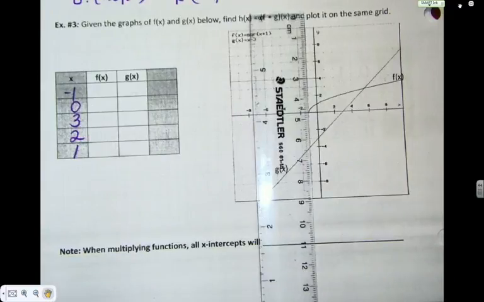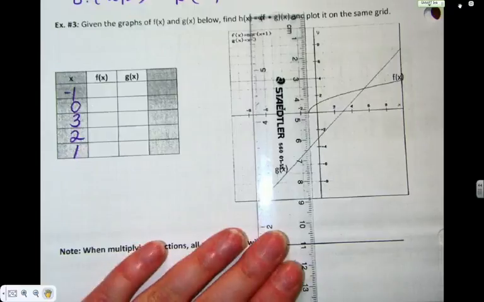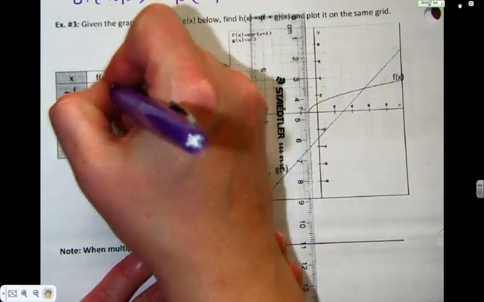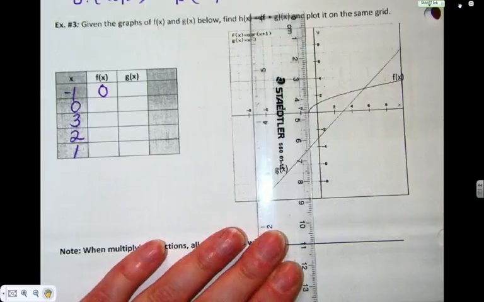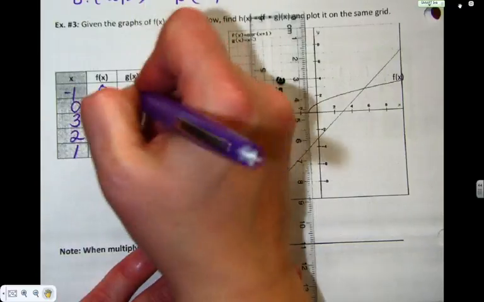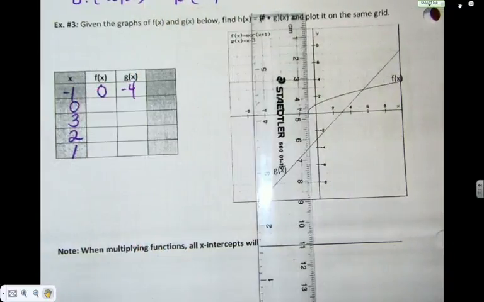If you like the ruler trick, do the ruler trick. If it does nothing for you, don't do it. Just watch the order. Make sure you're giving f of x first, then g of x, because if you mix them up, it might matter. F of x at -1. And g of x at -1. So offer of 0, -4.